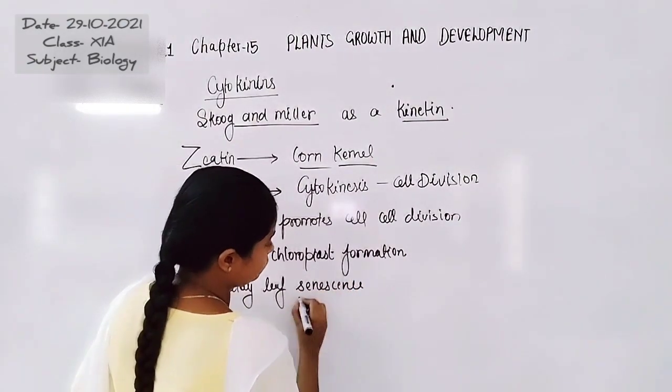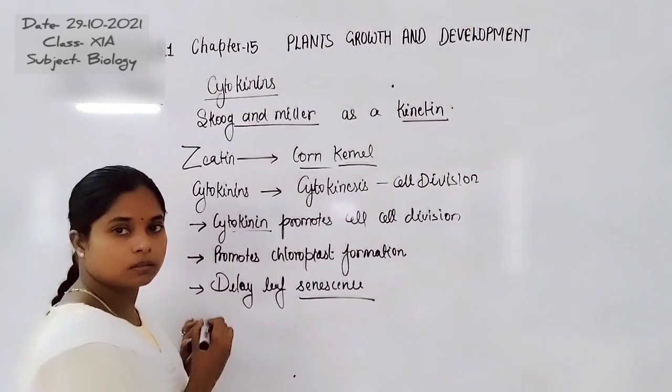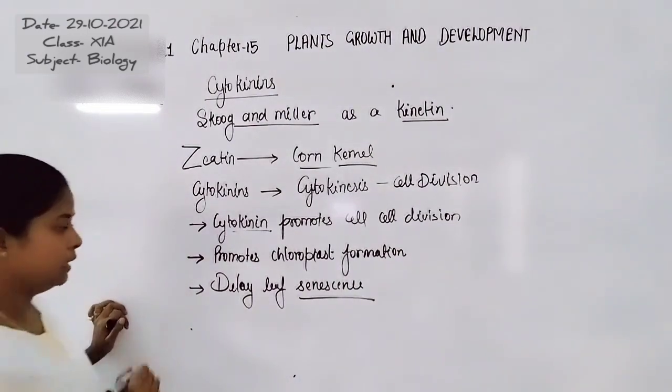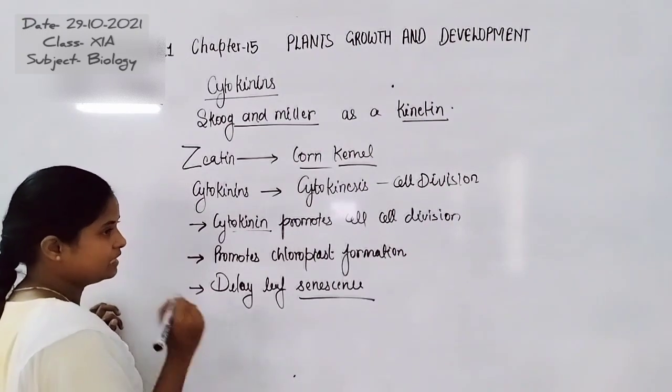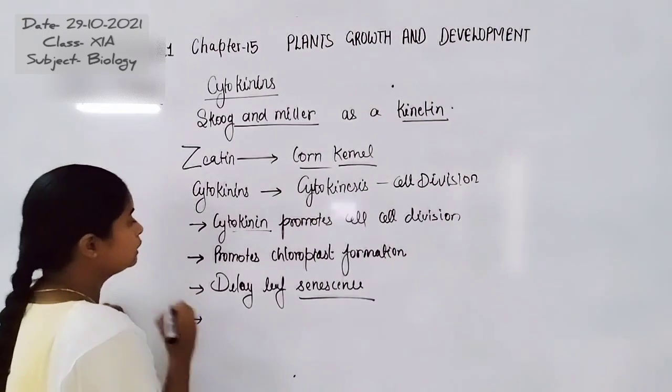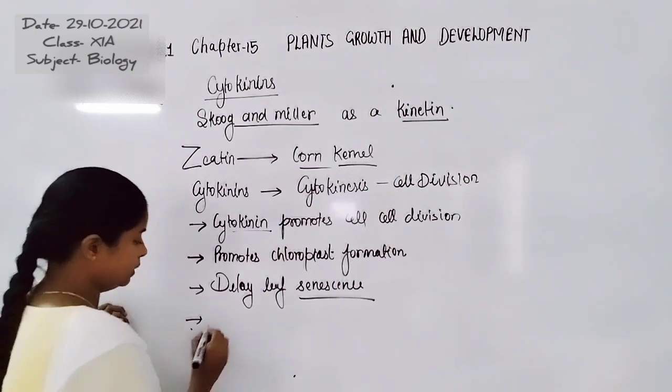Leaf senescence. Another function is that the cytokinin overcome the apical dominance.